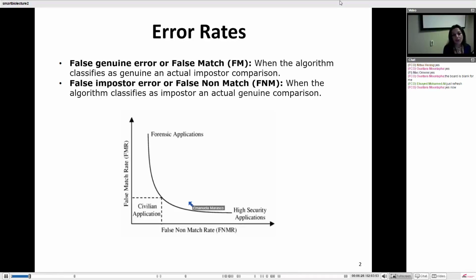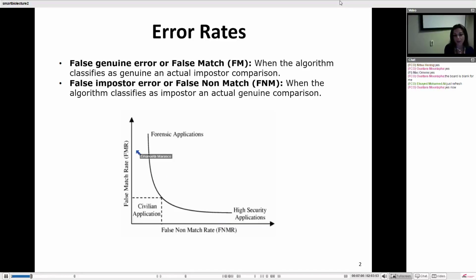In the case of a similarity match score, where a high match score is usually given to genuine users, we have a high threshold, which means that if I have a genuine user with a not very high quality image, then the match score is not very high, and it happens that this genuine user is rejected by the system.